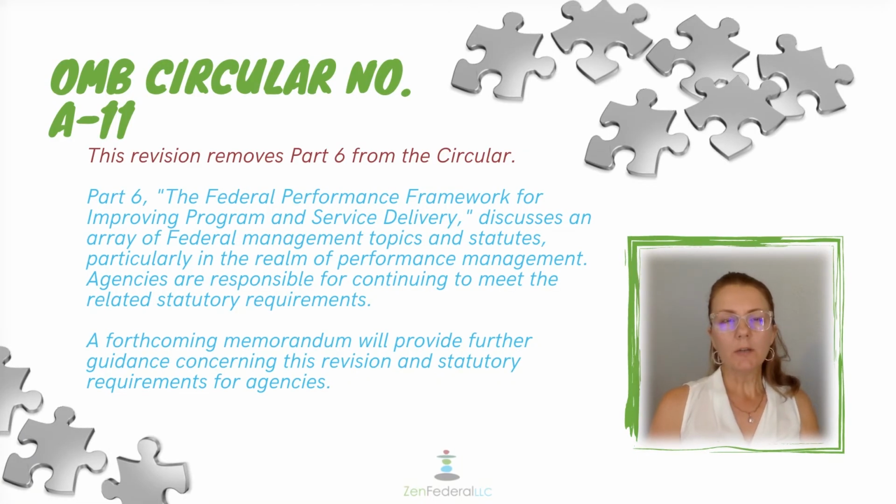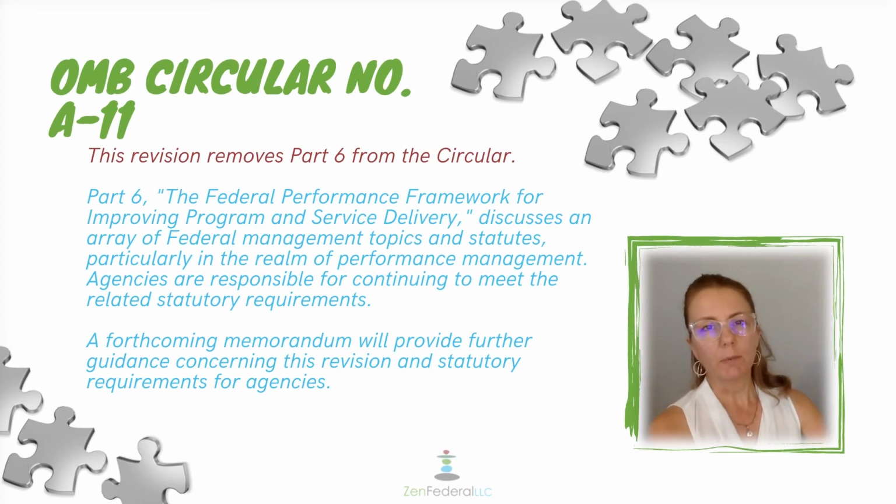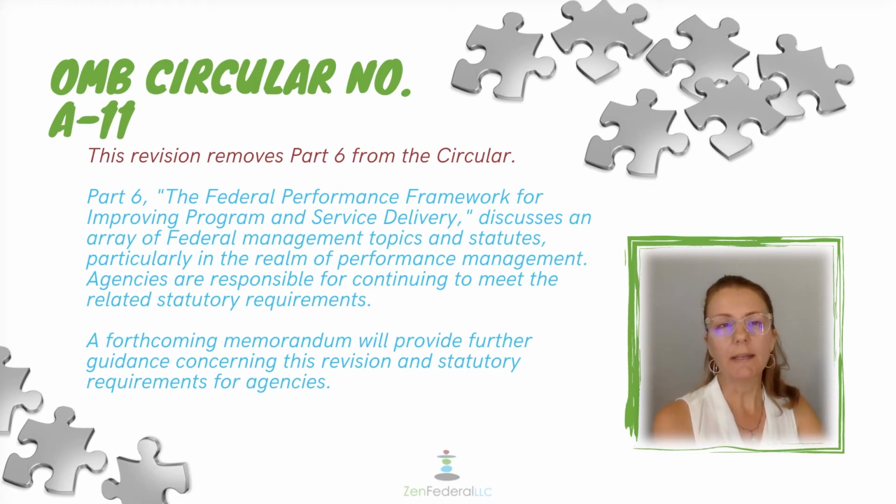It's important to understand what the OMB Circular number A-11 is. And the A-11 is the budget guidance for any given year for a federal government budget and the investments within it. So in the 45th administration that wrapped up right before the Biden-Harris administration came into office, they had removed the entire Part 6 from the circular.